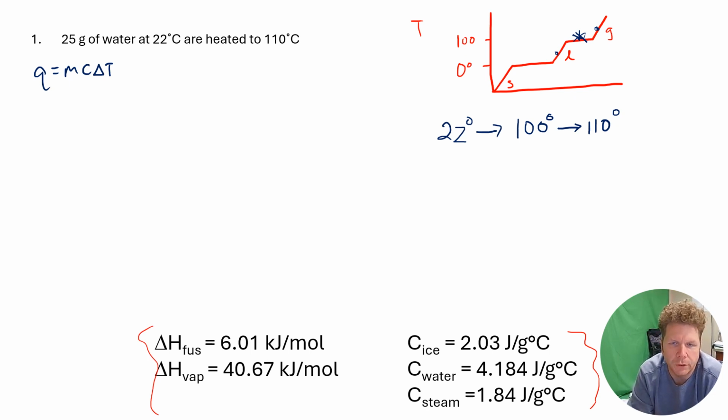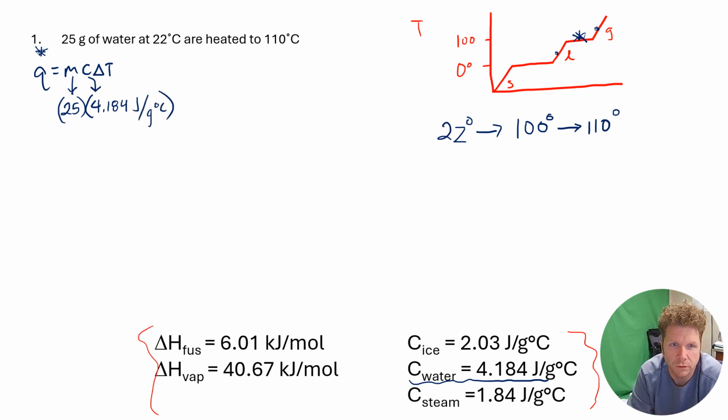What I want to do here is figure out how much energy or heat is involved in 25 grams of water being heated from 22 to 100 degrees Celsius. I say 100 because that's where my vaporization is going to take place. That's my boiling point. So I've got my mass. Then I need to account for my specific heat capacity, my C, which is the heat capacity of water, 4.184 joules per gram degrees Celsius.